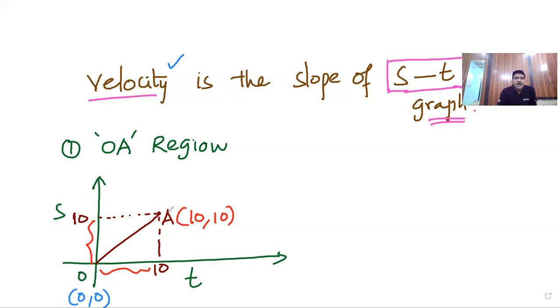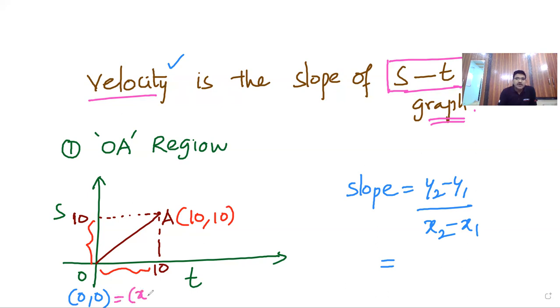Now, velocity is the slope of the ST graph. In the OA region, I need to find the slope. What is slope? You know very well from mathematics, slope is equal to y2 minus y1 divided by x2 minus x1. Take O as x1, y1 and A as x2, y2. So for O, x1 is 0, y1 is 0.